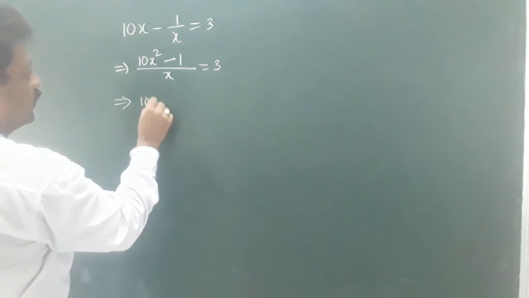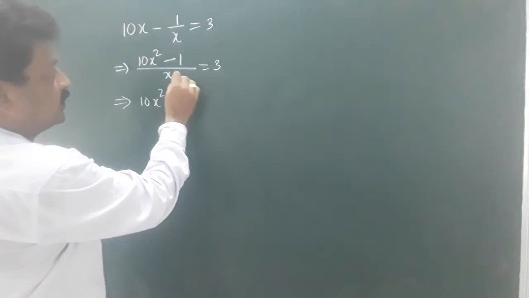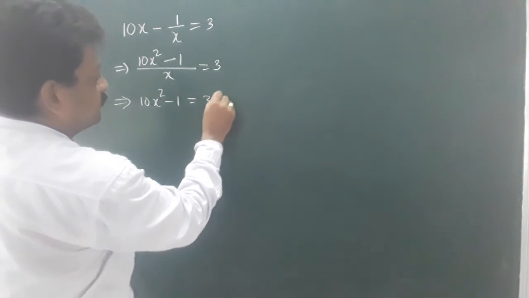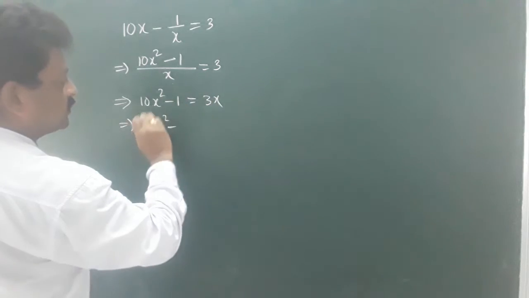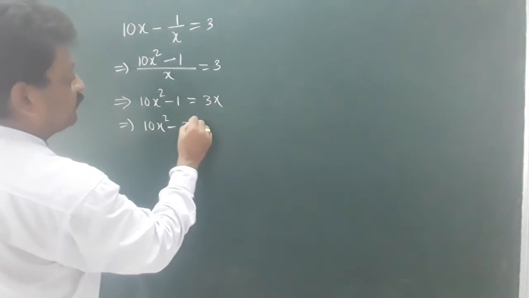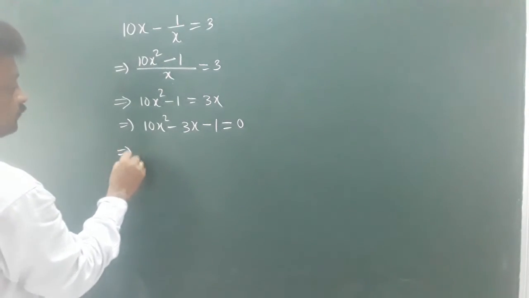So 10x square minus 1, cross multiplication, x multiplied with 3 is 3x. 10x square minus 3x, this 3x will come to the left hand side, minus 1 equal to 0.